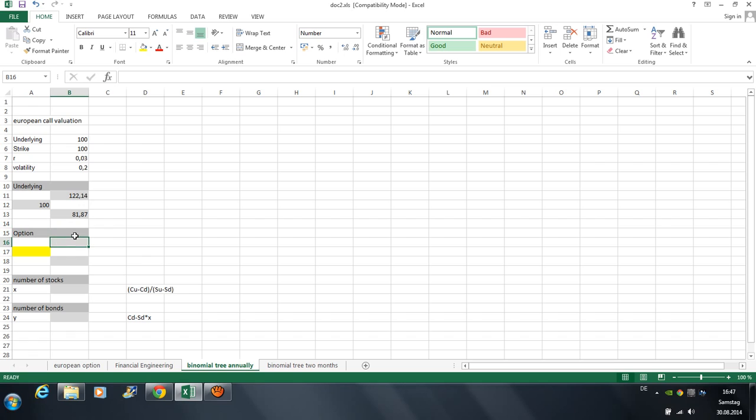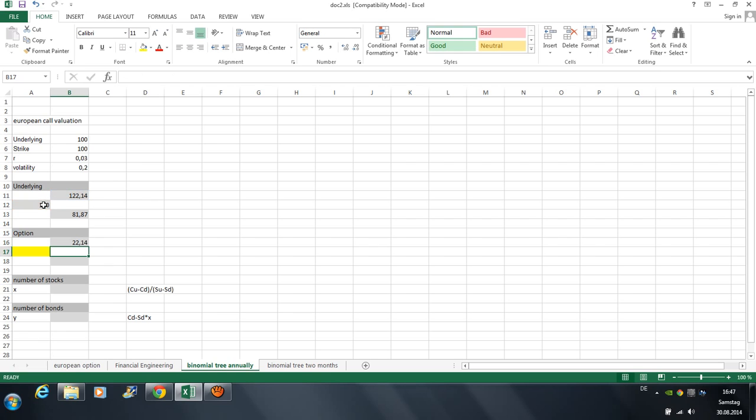So what is the option worth? Again, the payoff is the maximum of 0 and the price of the underlying at the end minus the price of the underlying at the beginning, and close parenthesis. Here we don't take into account the price of the option we would have to pay.